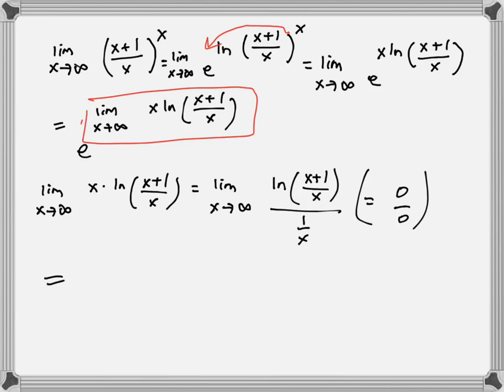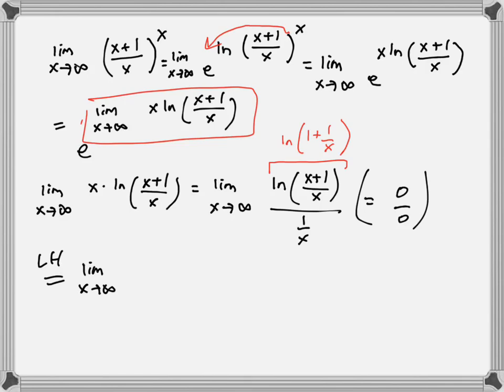So this is equal to, by L'Hopital's rule, the limit as x goes to infinity of, we've got to take the derivative, and let's see what we get. This top guy, isn't it really the ln of 1 plus 1 over x?